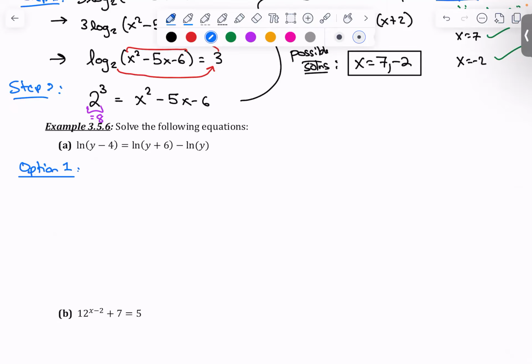We're just trying to find the answers. So you look at this and say, okay, on the right-hand side, there's a subtraction. I can convert that. So I'll rewrite it: natural log of y minus 4 is equal to natural log of y plus 6 minus natural log of y.